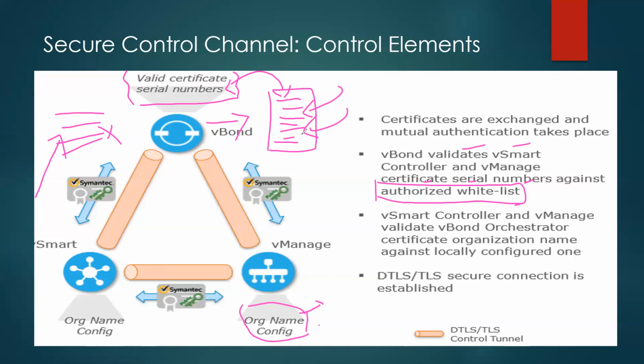CSR, right? It's not CSR. Means we will have to manually create the list of the organizations and the certificate numbers and install it in this vBond, so that it will know who the customer or end user is to validate it.